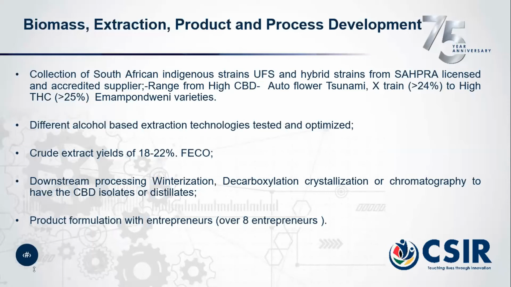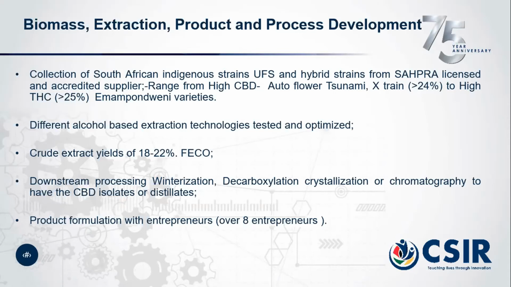We've done different alcohol extraction technologies, and we've optimized them. We're also going to have our CO2 extraction technology, which is coming next month. By next month, we're supposed to have it on campus. Our extraction yields are around 18 to 20%. This is full extract cannabis oil, and we've perfected downstream processing.